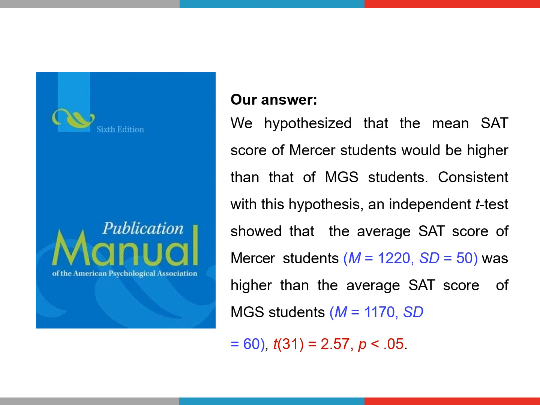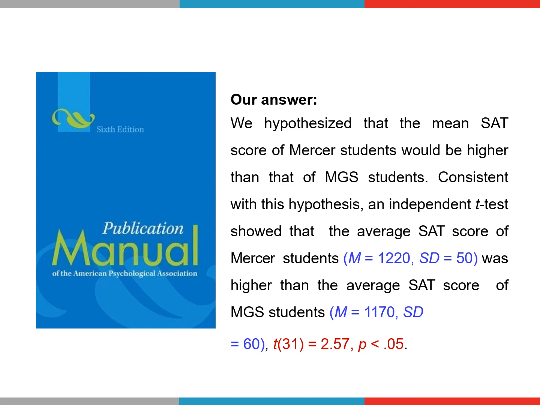So consistent with this hypothesis, an independent t-test showed that the average SAT score of Mercer students, and remember we have to include our descriptive statistics, so we have to tell people what the average SAT score of Mercer students was. So we include the mean, and note that the sample M is italicized, right?